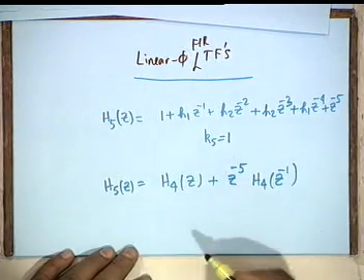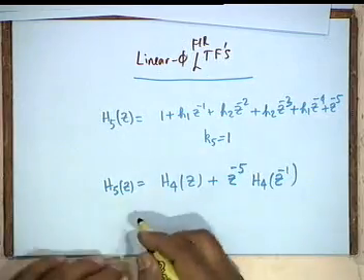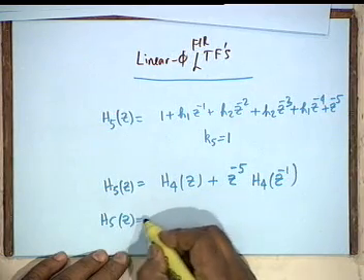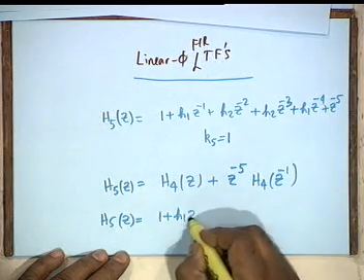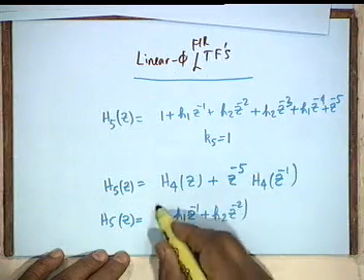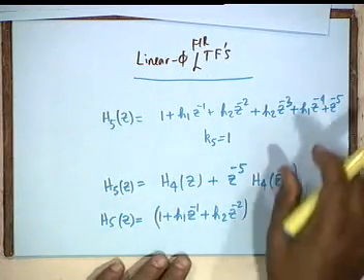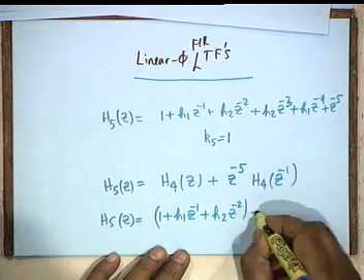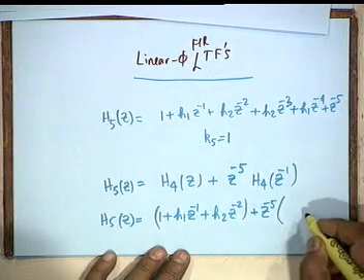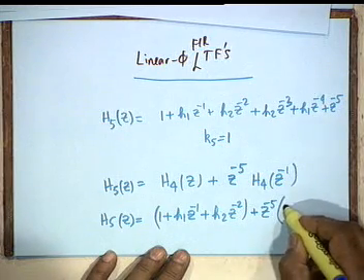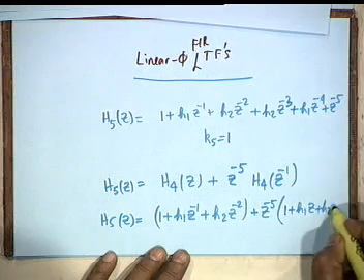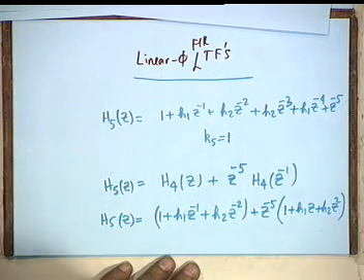Now, if I decompose the given H5(z) like this, 1 plus H1 z inverse plus H2 z to the minus 2, the other 3 terms can I write like this: z to the minus 5 times 1 plus H1 z plus H2 z squared, right?